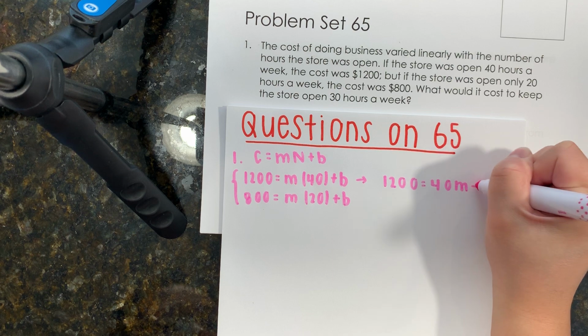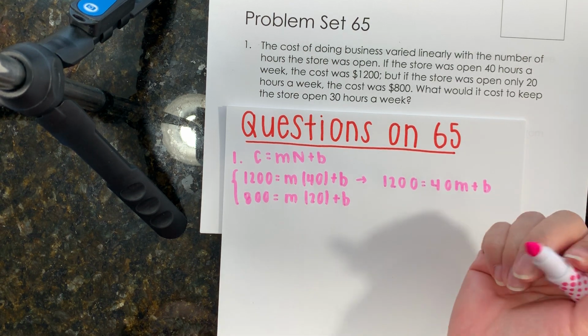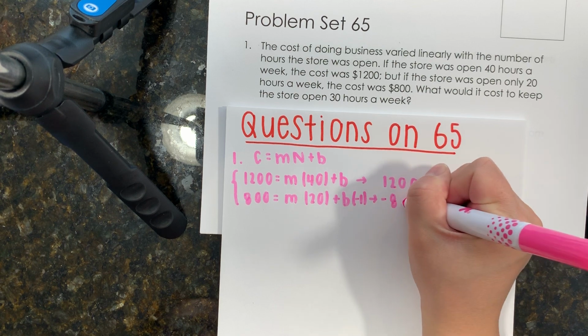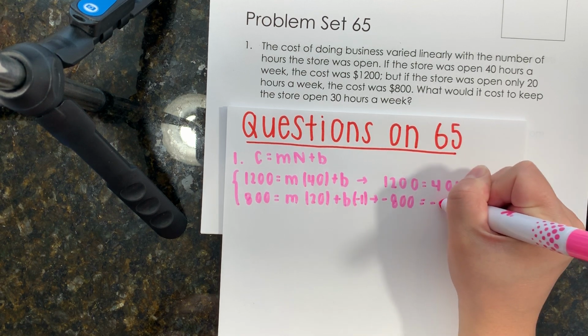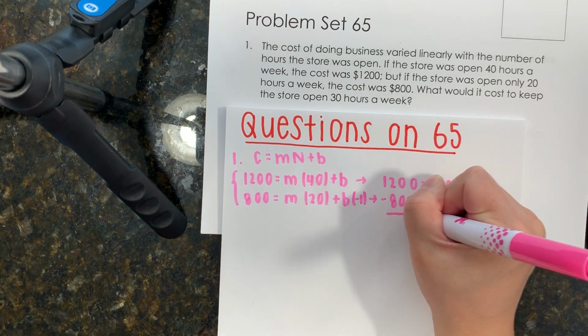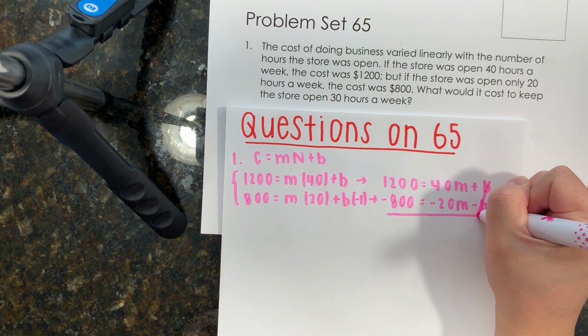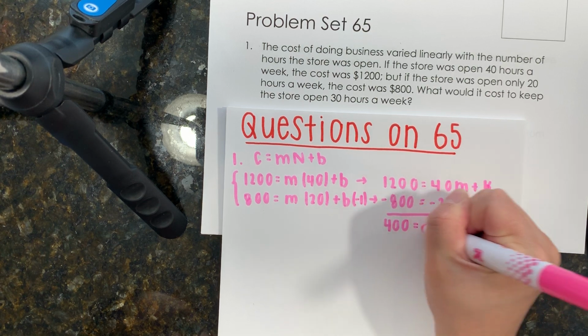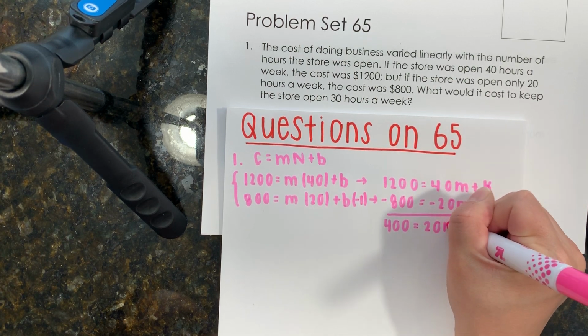The bottom equation, I'm going to multiply by -1. That would be -800, -20m, and -b. Now my b's are going to cancel, and I have 400 equals 20m.